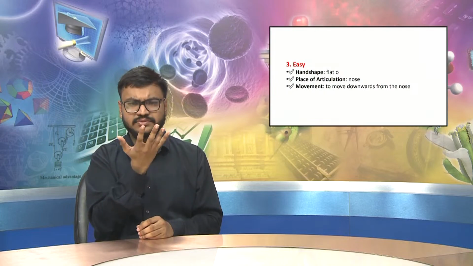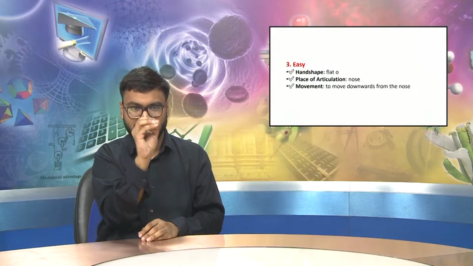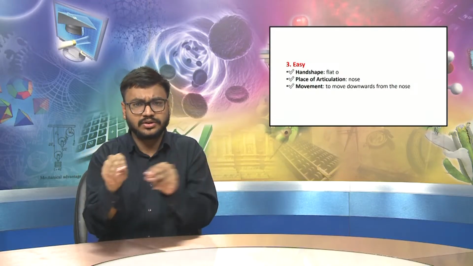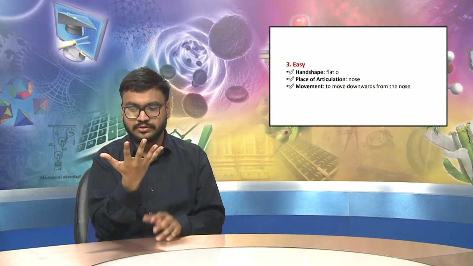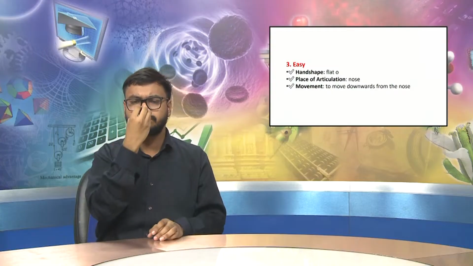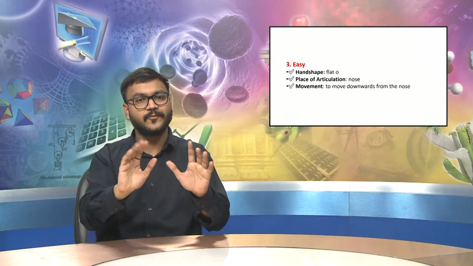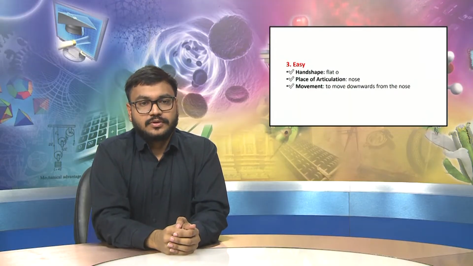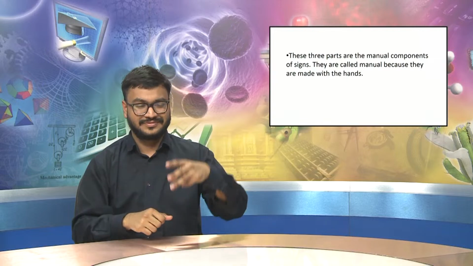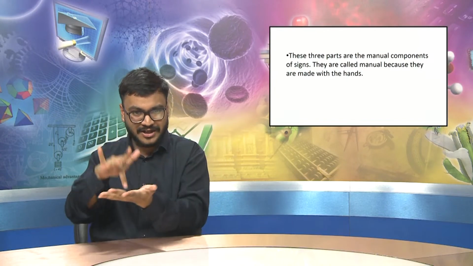Easy. In this sign, the handshape is flat. Place of articulation: nose. Movement: move downward from the nose. All these components, handshape, place of articulation and movement, form the sign. These three parts are the manual components of sign.